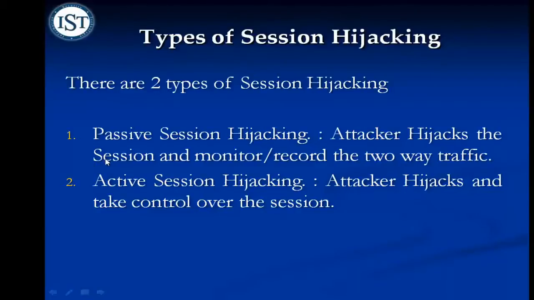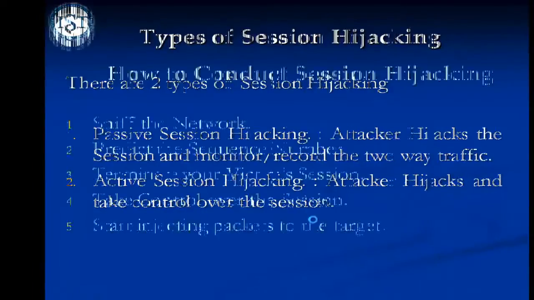He will not take control over the session, but he just keeps on monitoring or recording the data flow between the two computers that have a connection established. In active session hijacking, the attacker hijacks and takes control over the session, right?